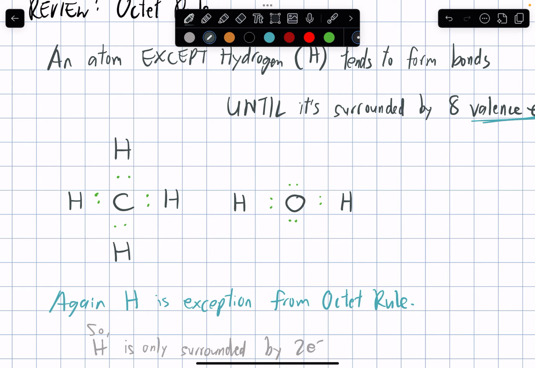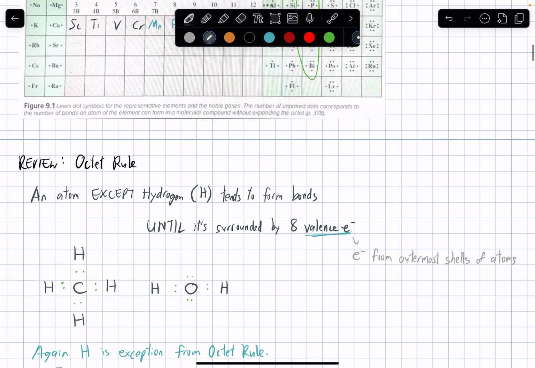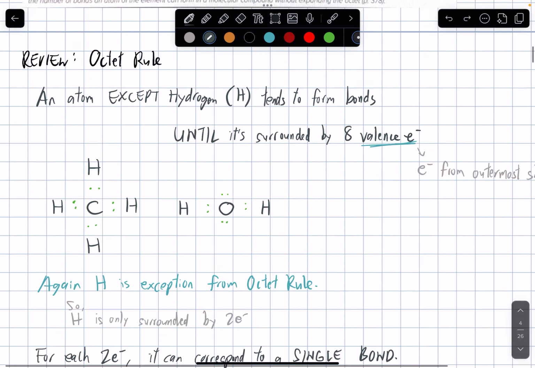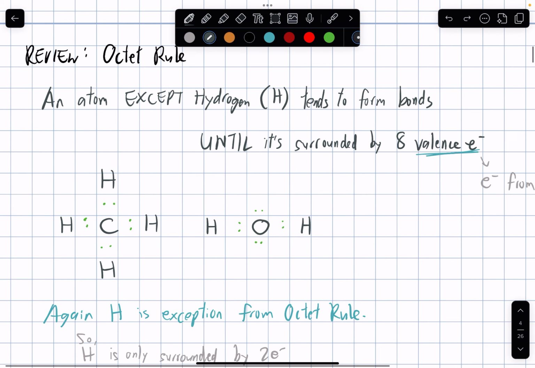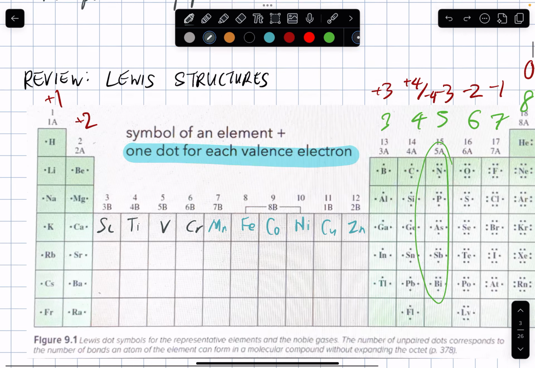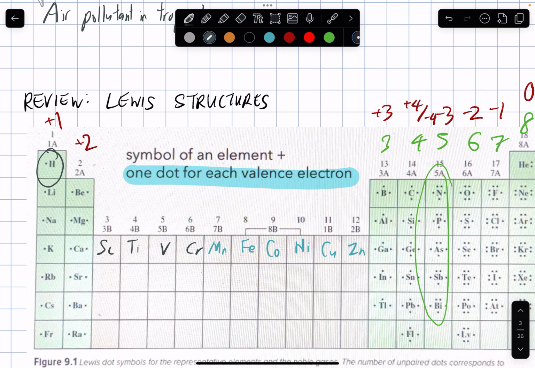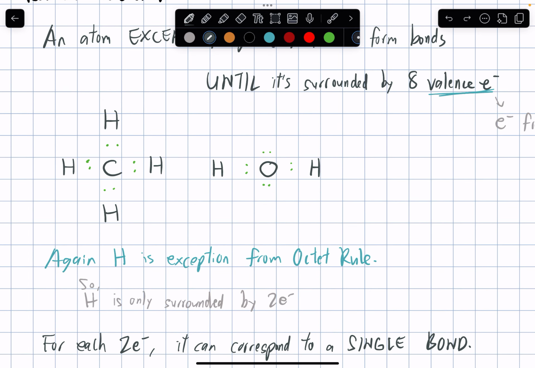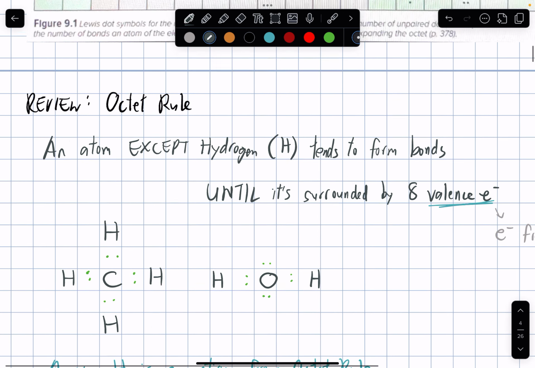Carbon has how many valence electrons? It's over here, so that's 4 valence electrons. And hydrogen, being in this region of the periodic table, has 1 valence electron. The way I drew it here might look confusing, but let me redraw that.